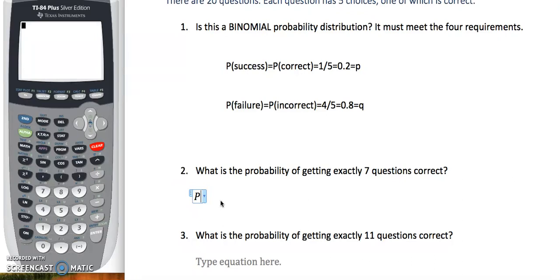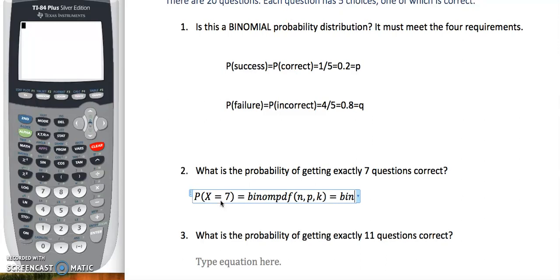So the probability that X is equal to 7, exactly 7 successes, we're going to use binomial or binom PDF. The first thing you put in is your N, your fixed number of trials. Next, your probability of success, which is P. And lastly, I'm just going to call it K, that's how many successes you want exactly.